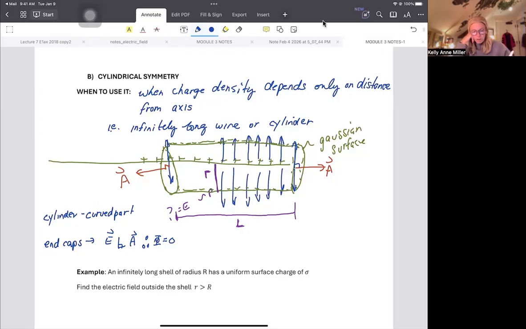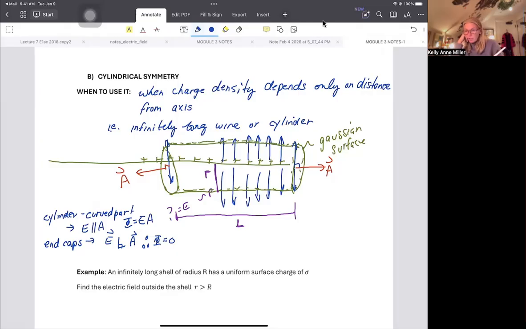For the curved part, we've got the perfect situation that we love: the electric field is parallel to the area vector, which allows us to say that the flux is just equal to the electric field times the area. That's really good.